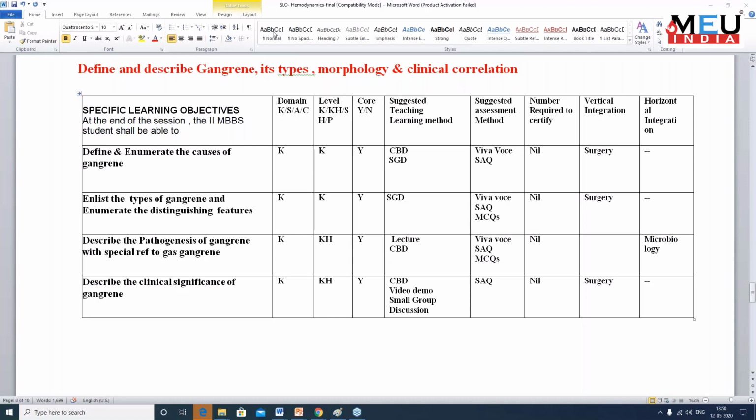So small group discussions or tutorials are needed for this, and viva, short essay questions or MCQs for assessment method. Okay.